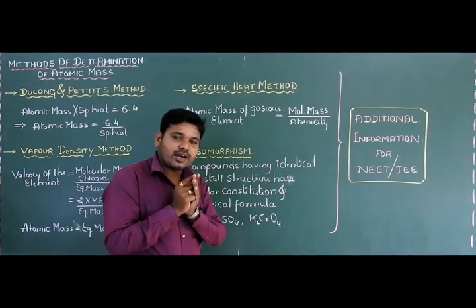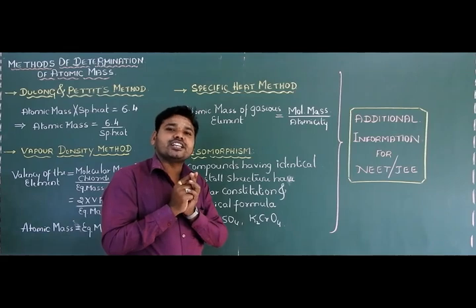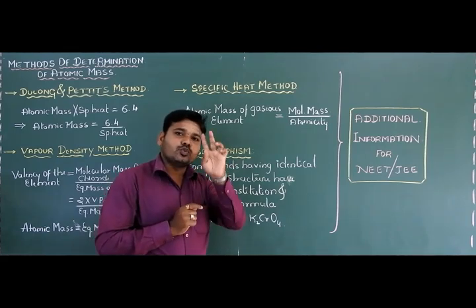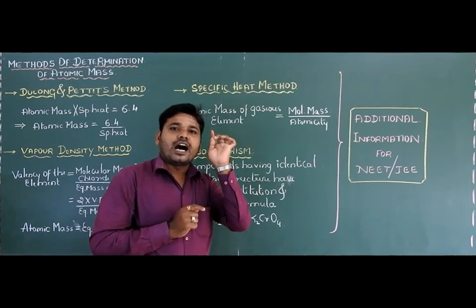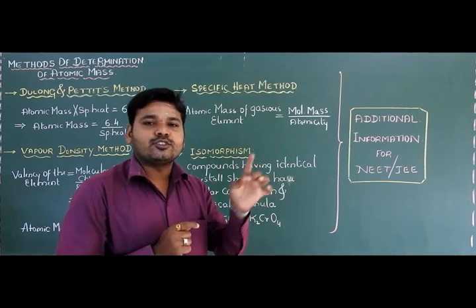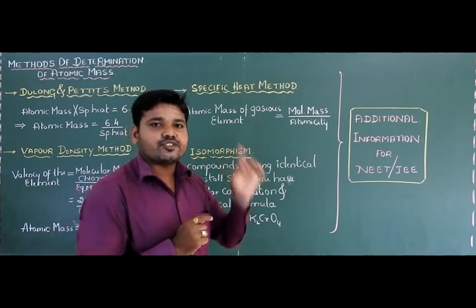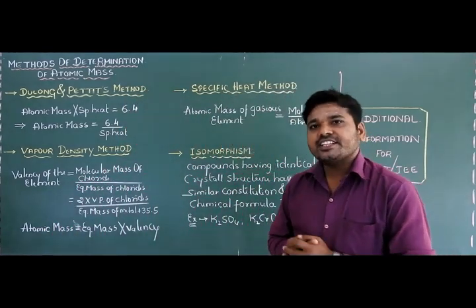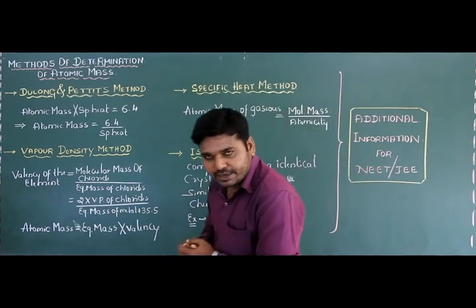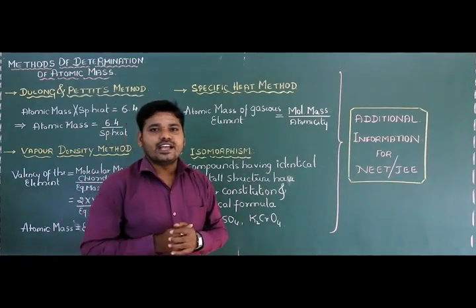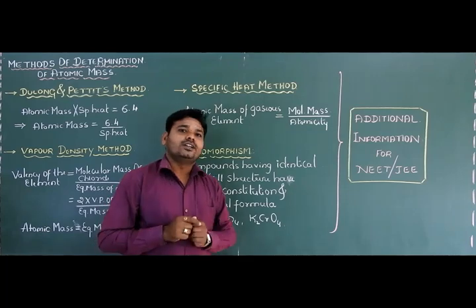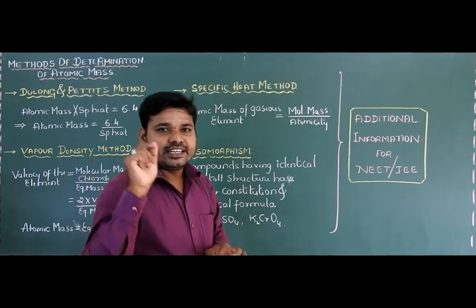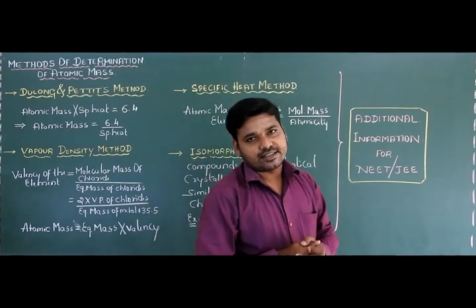If an atom exists in two isotopes with atomic mass A and atomic mass B in the ratio m is to n, in such cases the average atomic mass of an element is calculated by using the formula (m into A plus n into B) divided by (m plus n).